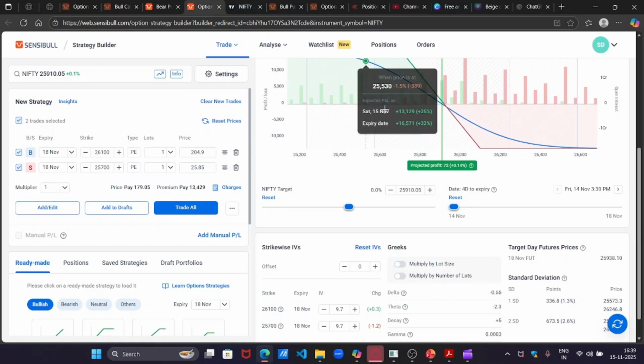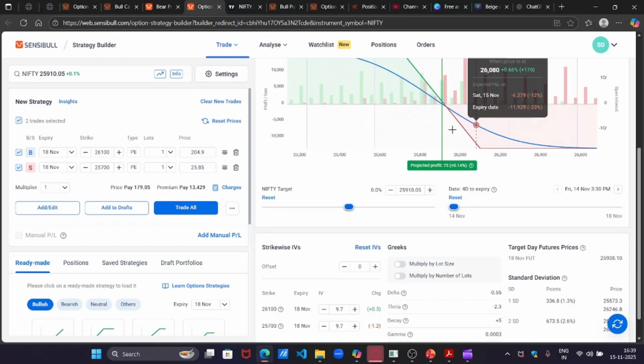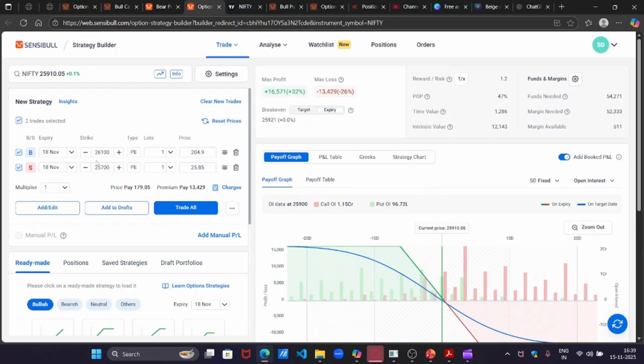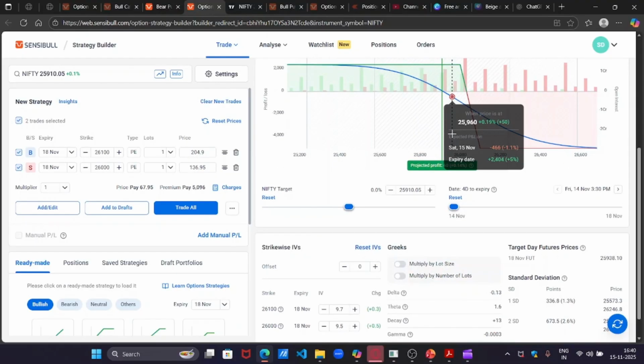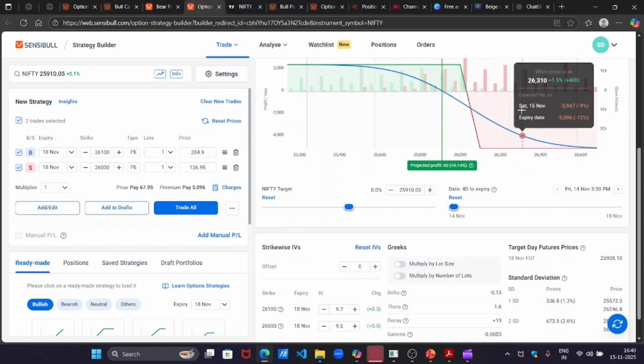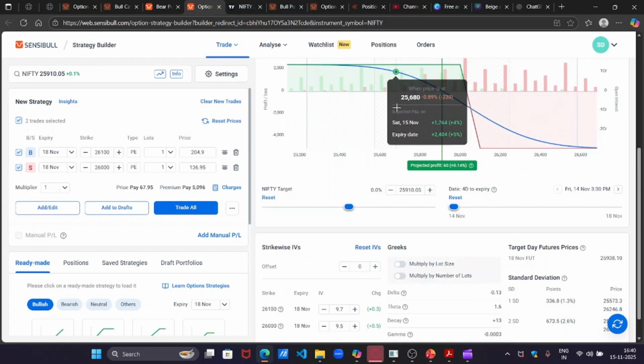So you can adjust your legs accordingly, depending on your risk appetite, how much you want to risk, and how much you want to make profit. If you bring these legs closer, then your probability of profit increases, and you'll be having less loss but less profit as well.